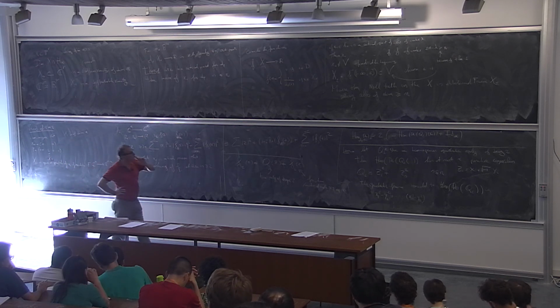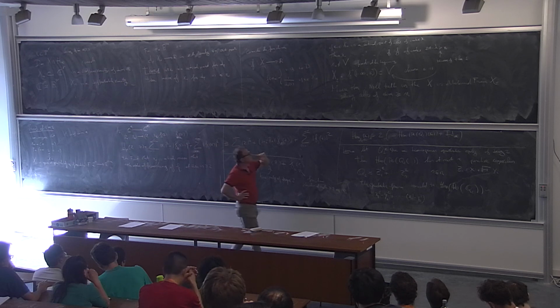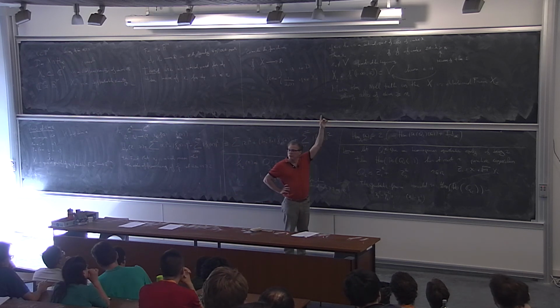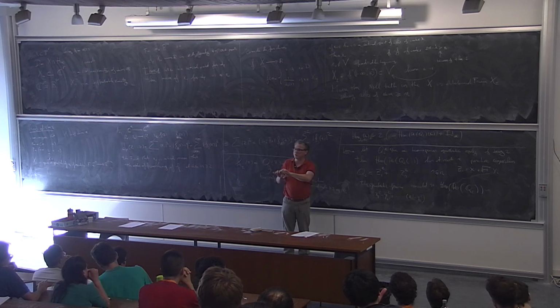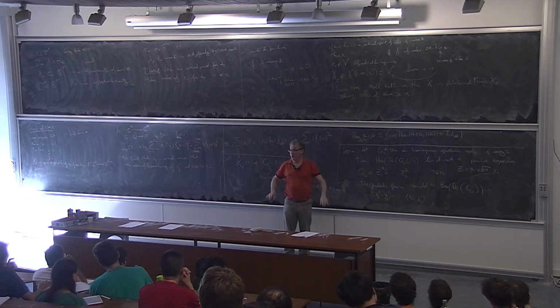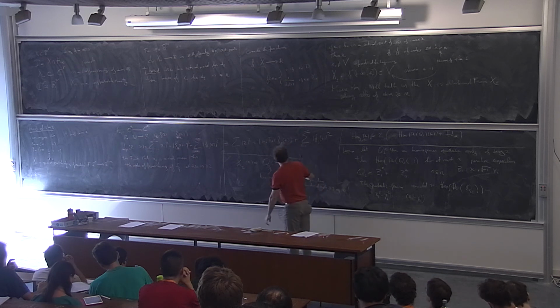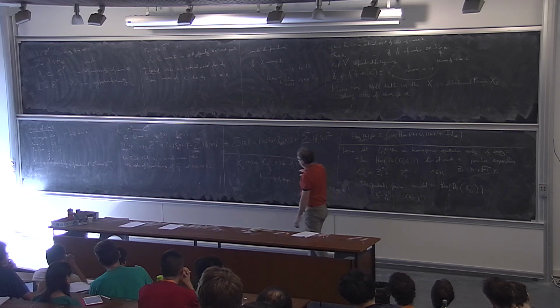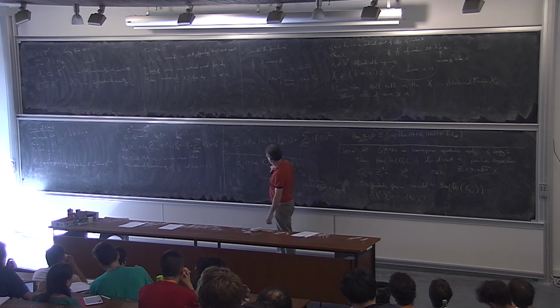But we would like to notice that in order to prove this, we had to introduce some neighborhood of the divisor at infinity, this V, and some understanding of functions, their Taylor expansion.